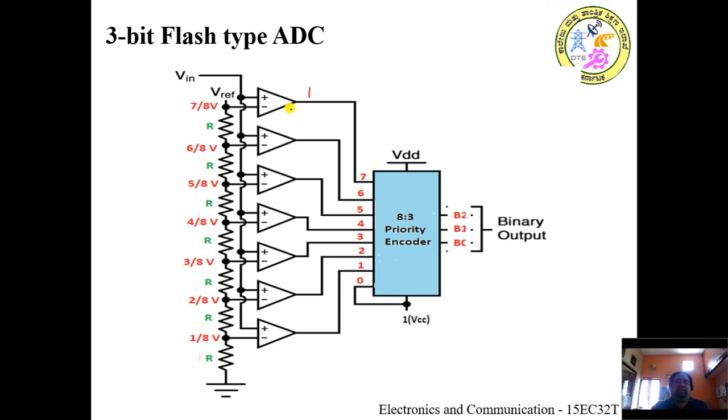Since the higher comparator itself is resulting 1 here, rest all comparators result 1, because obviously the analog voltage which is to be converted into digital form would be greater than rest all reference voltages here at the inverting terminal. They all result 1.